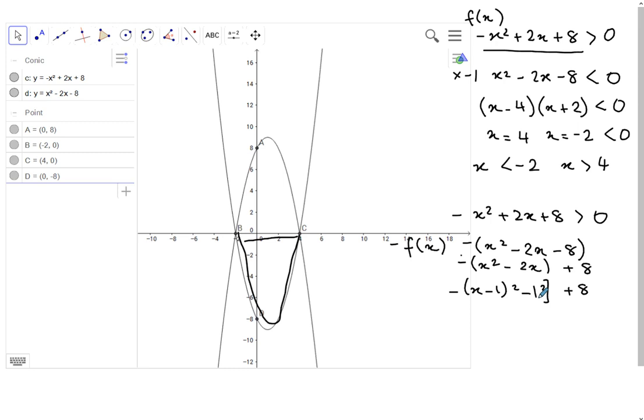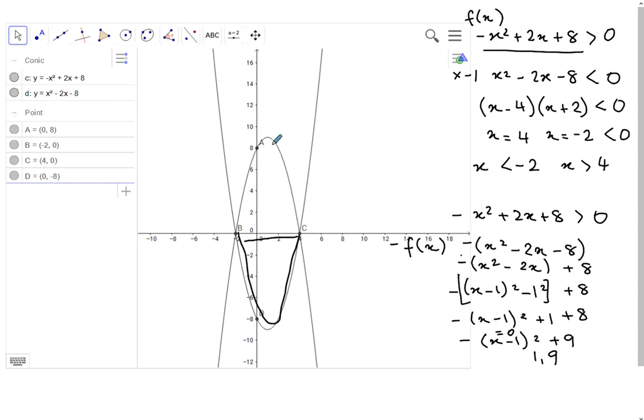Sorry, that's supposed to be in a square bracket. So then I'd have minus x minus 1 squared, and then a minus times a minus becomes plus 1 plus 8, and you've got minus x minus 1 squared plus 9. Okay, the minimum point here again is the x value what makes that 0. So the minimum point will be 1, 9.